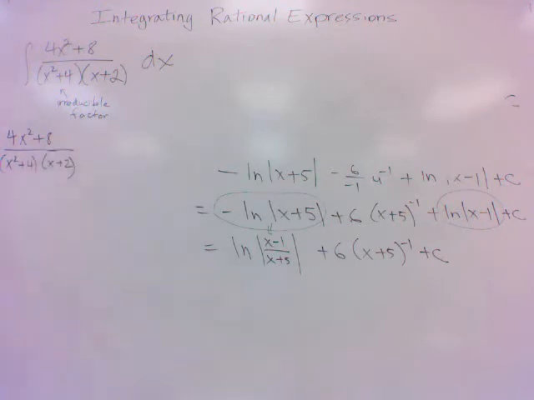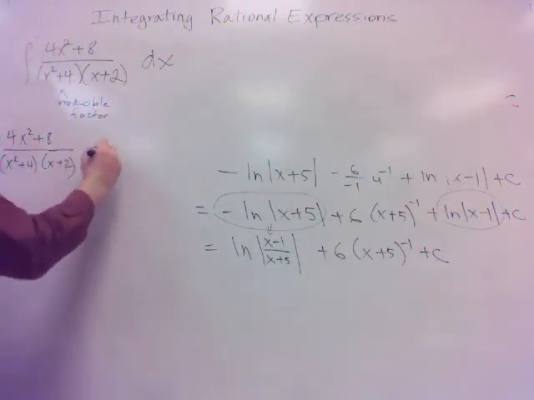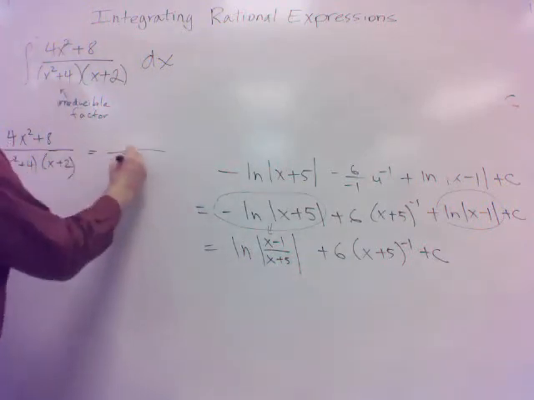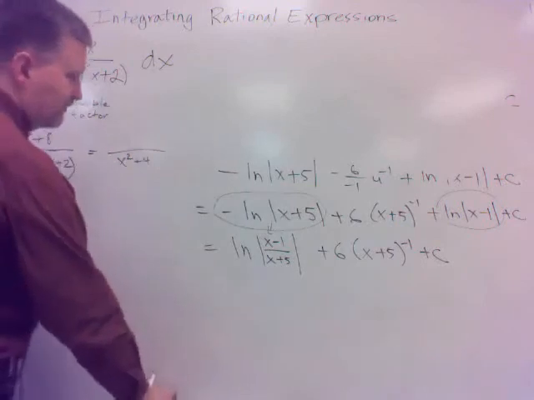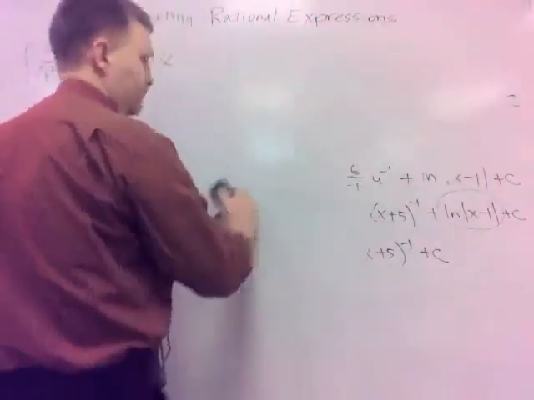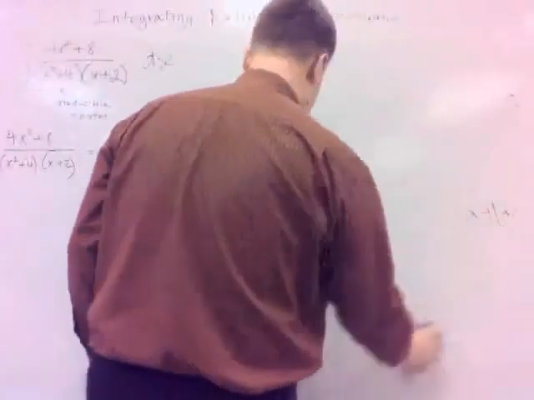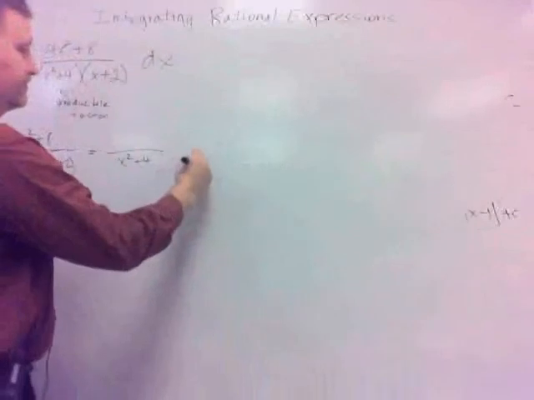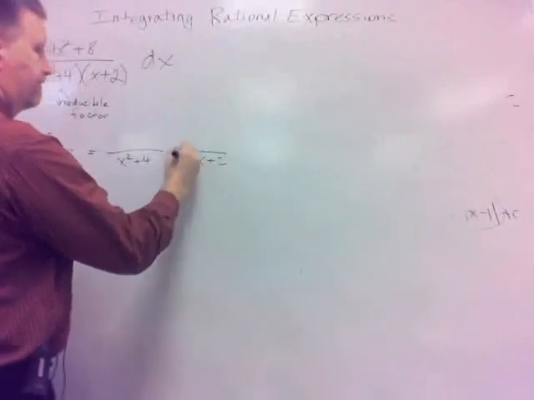An irreducible factor is different than a linear factor squared, or just a linear factor, of course. Here's what I do with that. The good news is I just need two fractions here. x squared plus 4, one of the denominators, x plus 2, the other denominator. I do just need 2 here.